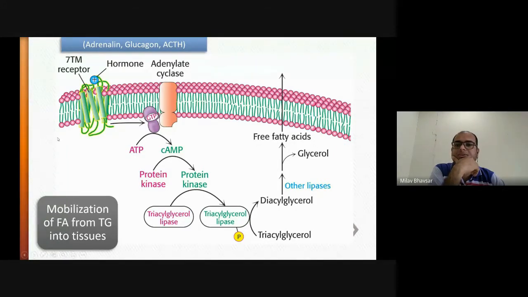Hormone comes to the receptor, G-protein coupled cyclic AMP activation occurs, which activates protein kinase, and ultimately it activates the lipase by phosphorylation, which in turn converts triacylglycerol to diacylglycerol, and free fatty acids are liberated one by one: triacyl to diacyl, monoacyl, and then only glycerol remains.